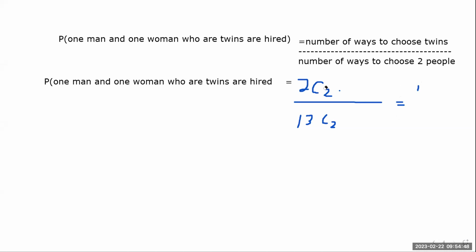Actually, let me erase this first. Okay, so we have 1 over 78, and that's equal to 0.0128, which is, if you remember, let me go back here, 0.0128.